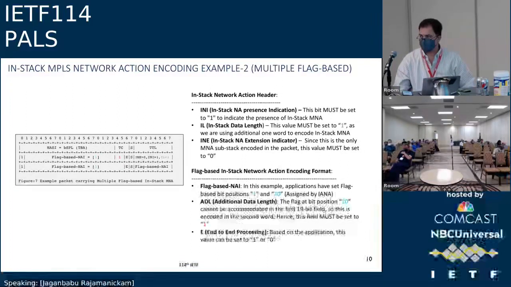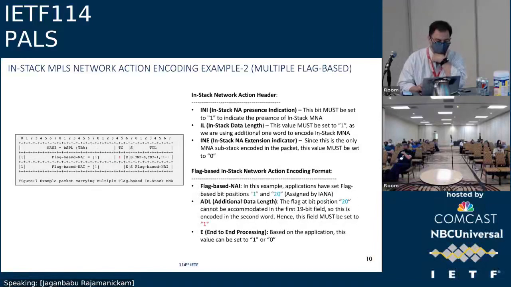This is the case where I have two applications that need to encode their flag-based NAIs. The first application has bit position 1, and the second application has bit position 20, right? So the application at bit 20 cannot encode its bit position in the first flag-based NAI, so it needs to use the second word to encode bit 20.